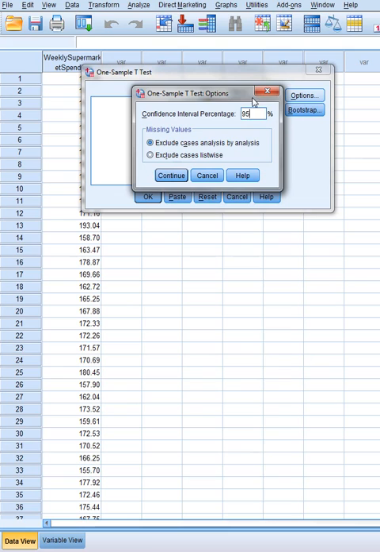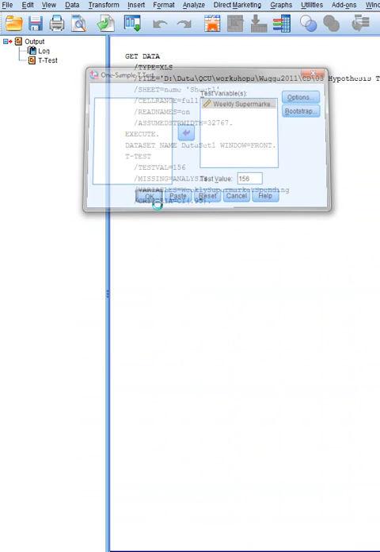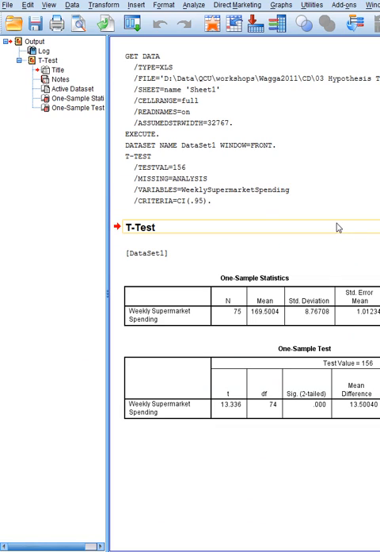The most commonly used value is 95, and so that's what we're going to stick with here. And if I don't stipulate a confidence level or a significance level, then use 95%. And we just say OK, and we get our output here.